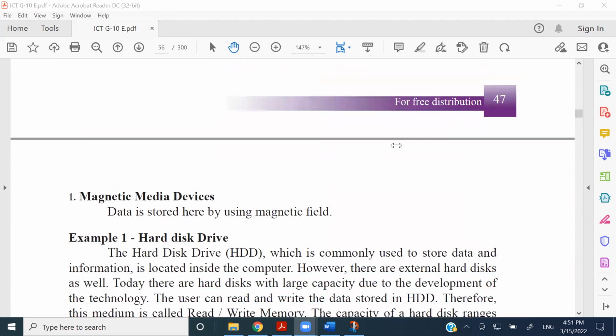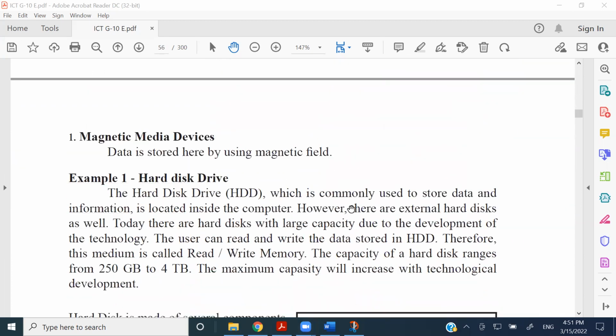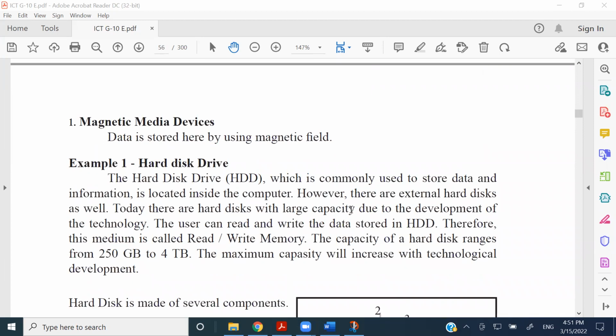First they talk about the magnetic media devices, which we use to store the data using magnetic fields. The primary device is the hard disk, the internal hard disk which we use to store data inside our computer, fixed inside the system unit.